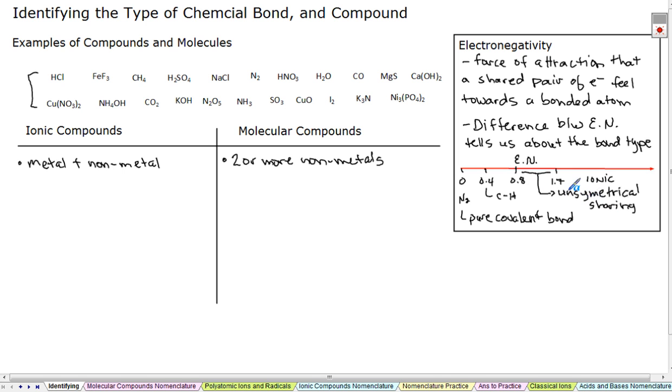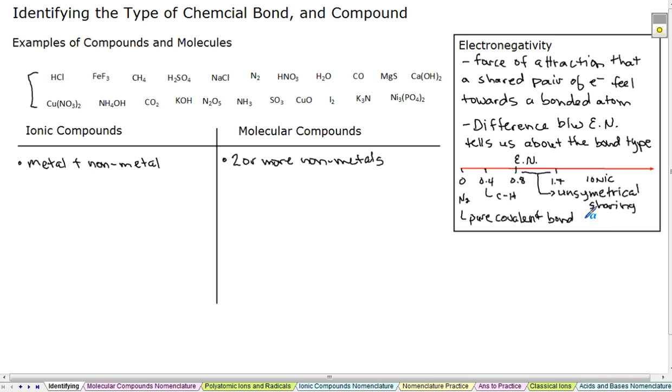But as we go from 0.8 to 1.7, especially the closer we get to 1.7, the sharing is non-symmetrical, which means the shared pairs spend more time closer to one atom than the other. This creates a dipole where one end of the bond takes on a slightly negative charge because the electrons spend more time by it, and the other end takes on a slightly positive charge.